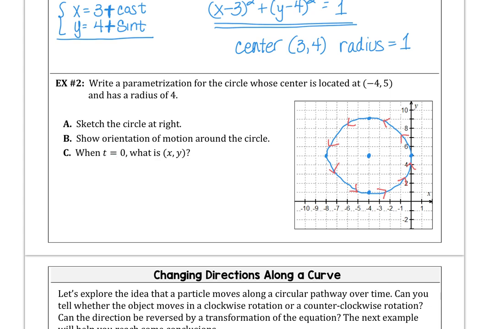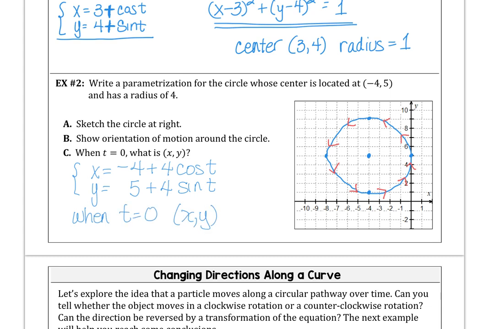But to write those two equations, we have x is the h value plus the a value times the cosine of t and y is the k value plus the a value times the sine of t. And then when t is 0, our x, y point is 0, 5.